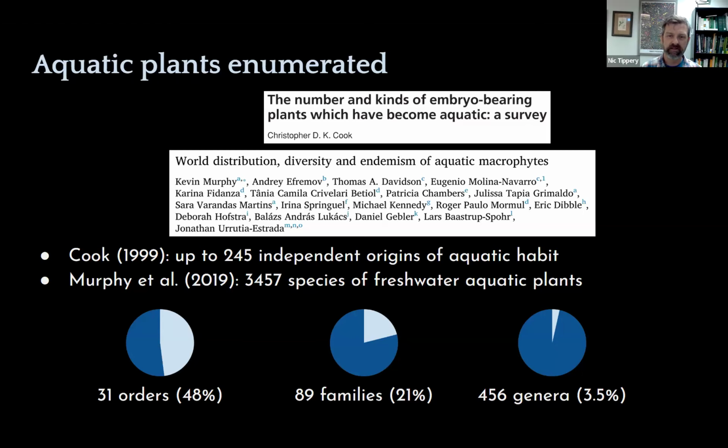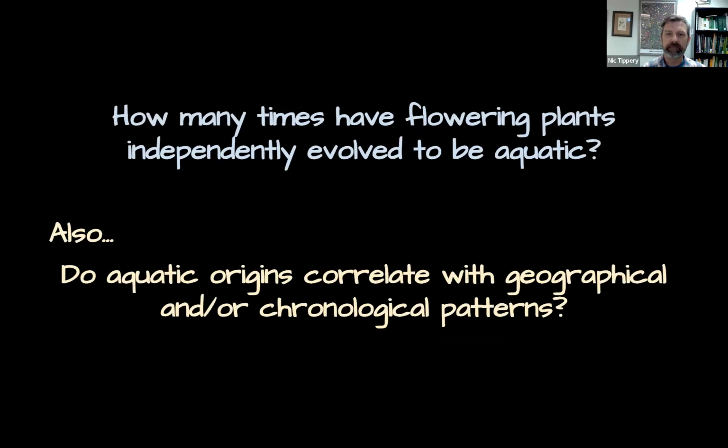But as you go toward the right of these pie charts, there are fewer and fewer. If you look within taxonomic groups such as a genus, often very few genera have aquatic members, even though about half of orders have aquatic members. So they're around, but not terribly abundant. We're looking at about 1% of flowering plants being aquatic.